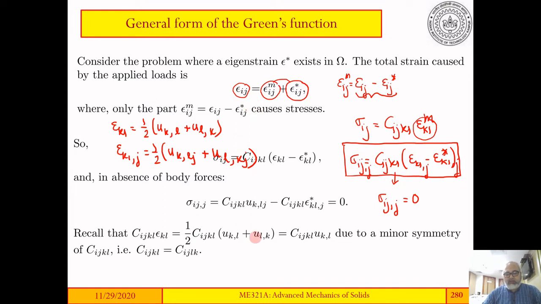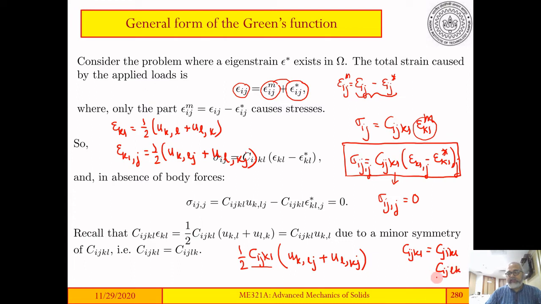Now when you multiply with C ij kl, you multiply this with (u k comma lj plus u l comma kj), you will see that C ij kl has a few symmetries that we all know. C ij kl is the same as C ji kl, is the same as C ij lk, and C kl ij.